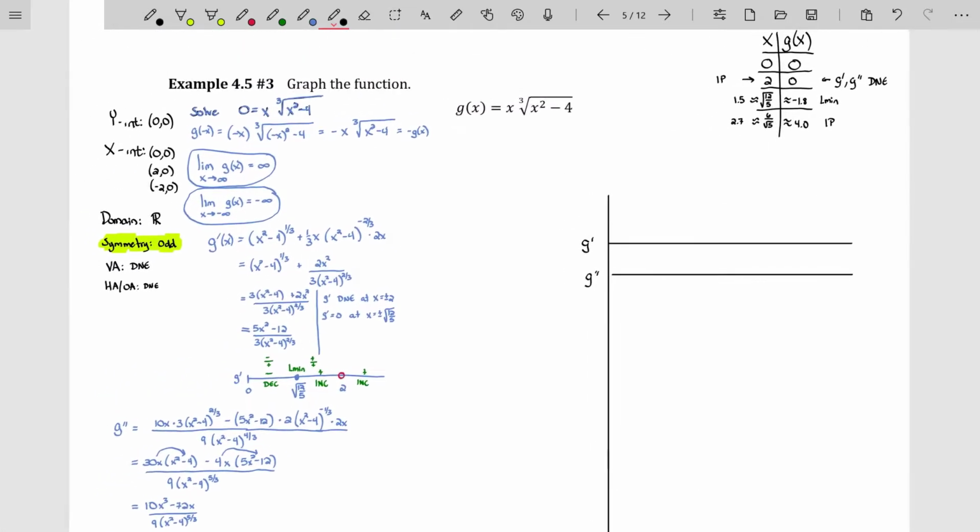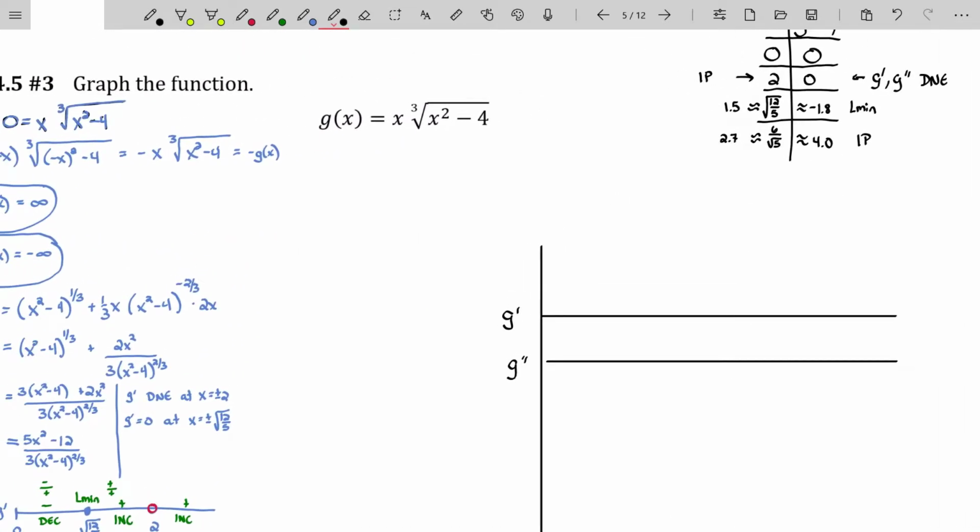I'm going to use my table here to help me gauge where those values are. So I need my x values to go all the way out to about 3. I'll go all the way out to 5. How's that? So I'll just pretend as though this over here is about 5, and that way 2.7 is roughly right about here. So that's going to be 6 over root 5.